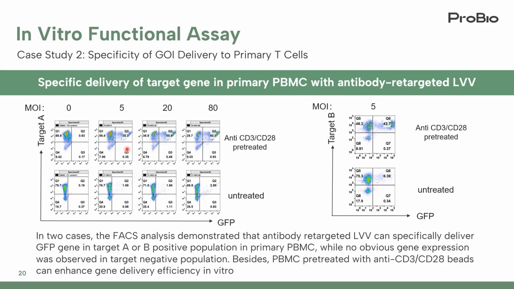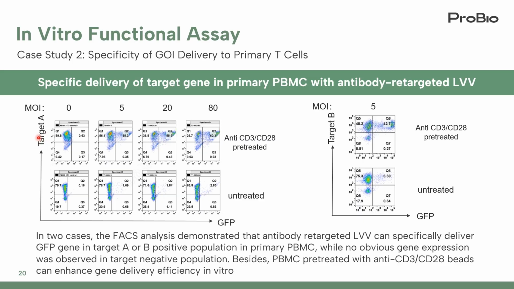On the top left panels, the x-axis is the expression of GFP, the gene to be delivered, while the y-axis is the expression level of the T-cell biomarker A. After transfection of the LVV with escalated dose from 0 to 80 MOI, we observe enrichment of cells in the Q2 quadrant, which is double positive for both GFP and the biomarker A.